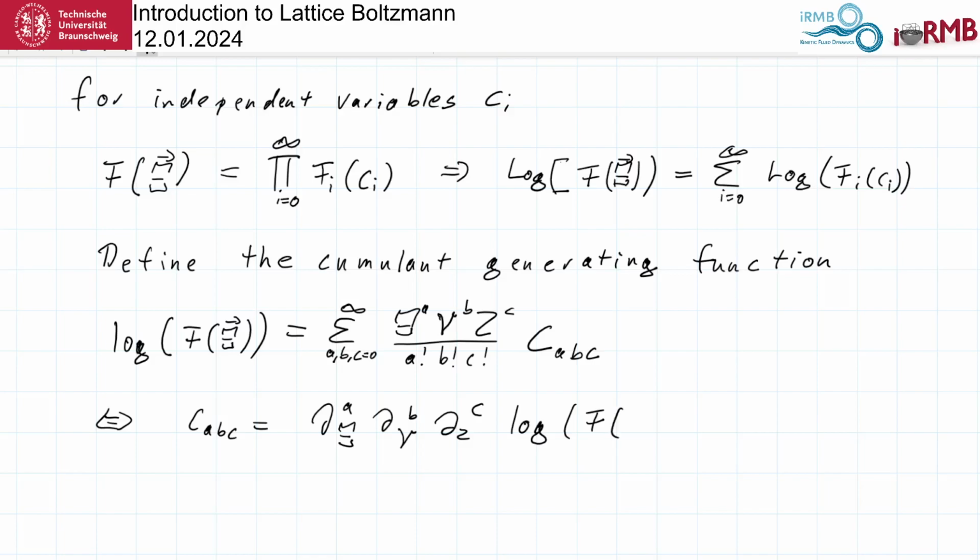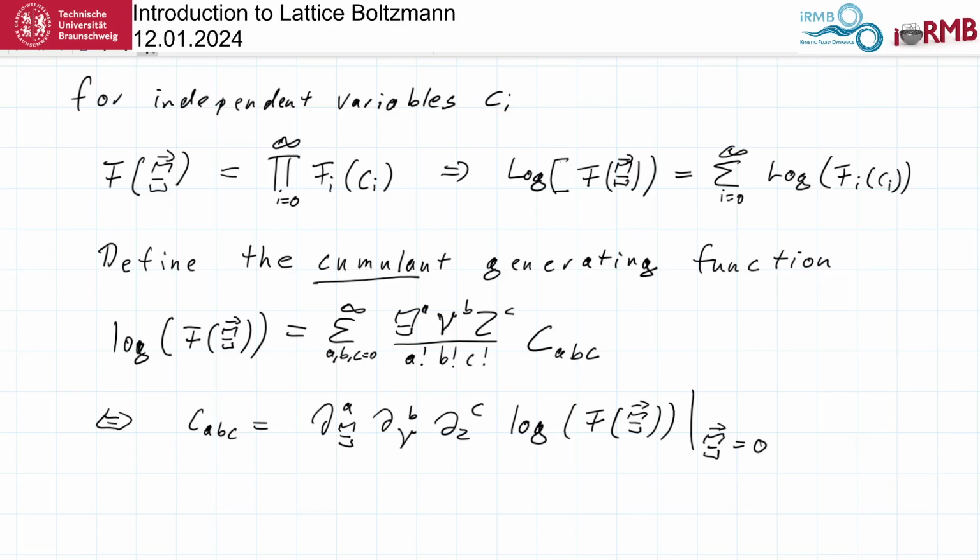So the only thing that we did in comparison to the moments is plug in the logarithm here. And now we evaluate all of this again at Xi equal to 0. And these things are called cumulants.